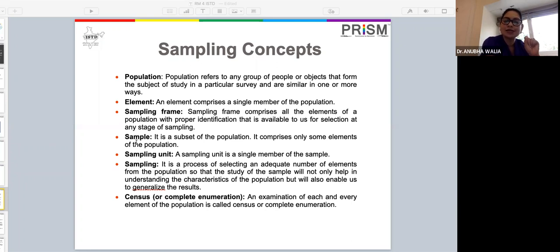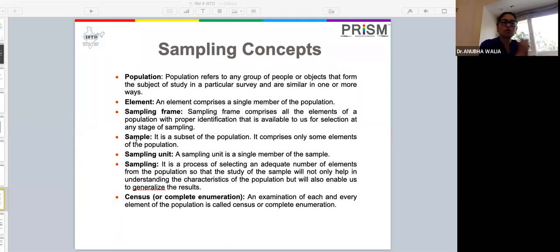And there is another concept we use called a parameter. A parameter is the characteristic of a population, such as the population mean and proportion. That's why we write X bar as the sample mean, but the population mean is written as mu. So this is how we characterize a statistic and a parameter.